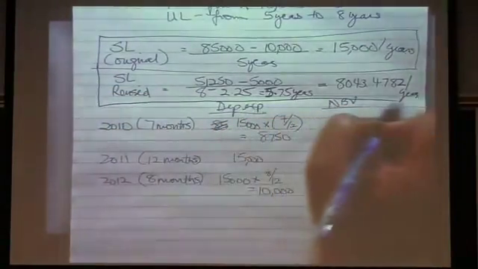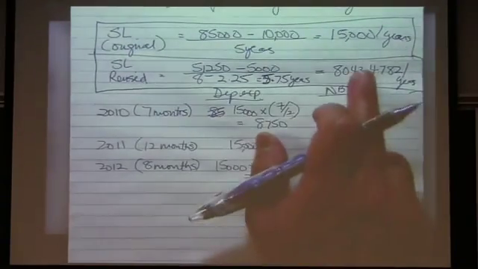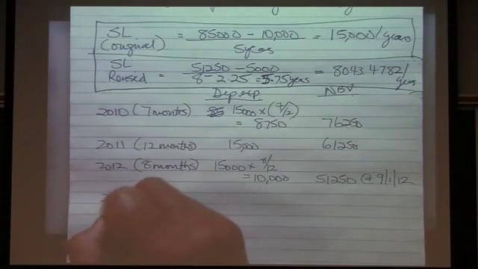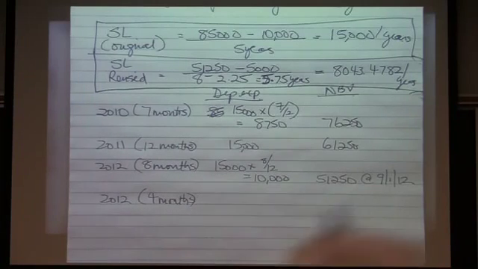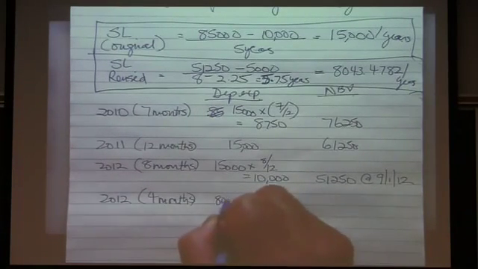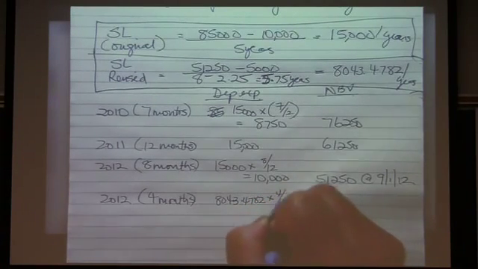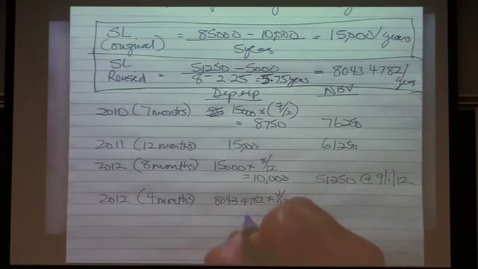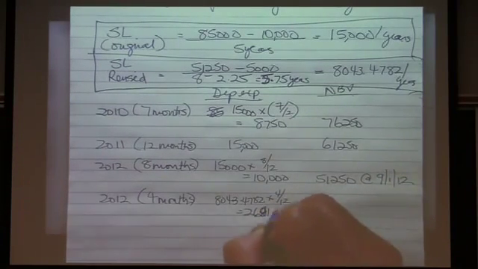So this is the revised depreciation expense, and we're going to use this number to calculate the remaining 4 months for 2012. So 2012, for the remaining 4 months after the date of change, we're going to take 8,043.4782 times 4 over 12, and that should give us 2,681.16.